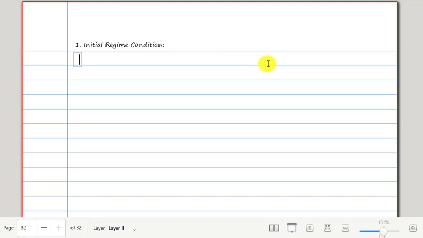For initial regime condition, the first important point: it is the condition, we are just making notes as we have discussed in the previous figure. It is the condition, or you can say it is the first stage after canal gets into service, right?